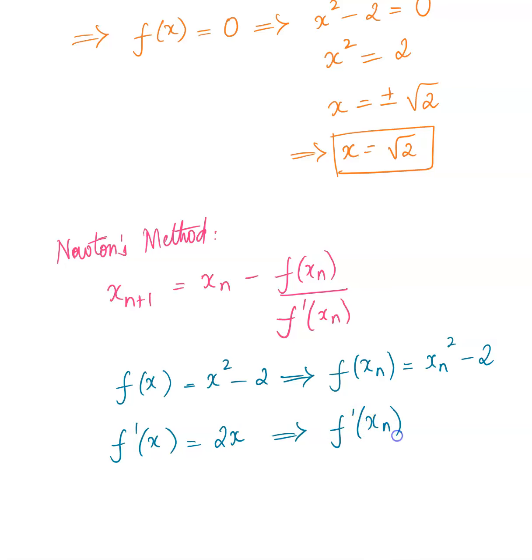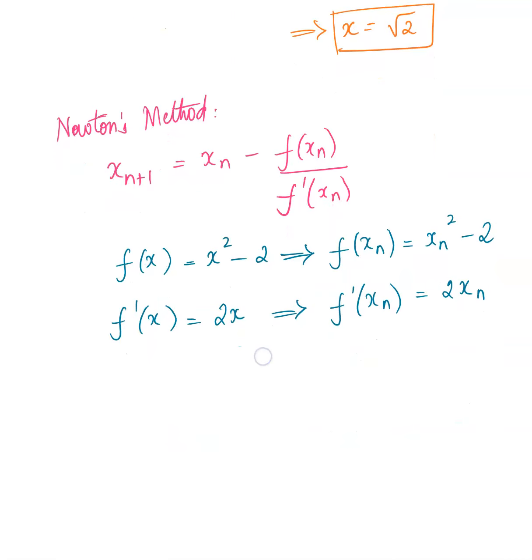And f prime of xn would be 2 times xn. So I'm going to use this to substitute in xn plus 1. So xn plus 1 will be xn minus f of xn, which is xn squared minus 2, over 2xn.